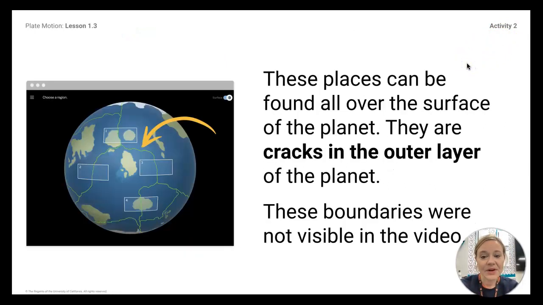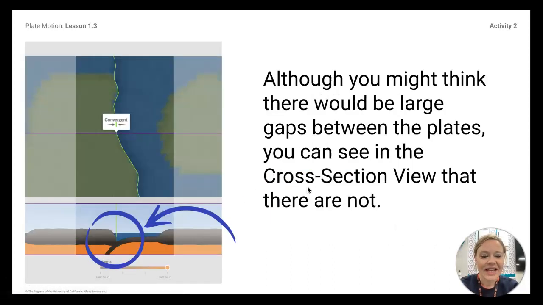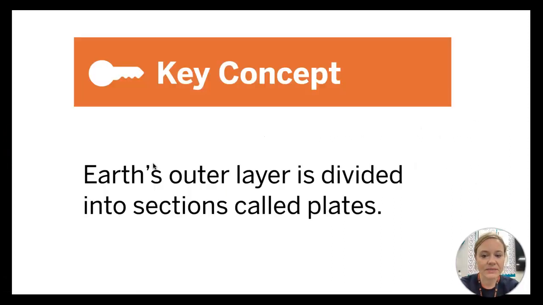Remember that you are going to be checking out these different places on the map and looking at all of these different cracks in the outer layer and these boundaries that we did not see in the video. Again, we are going to be looking at this cross-section view and thinking about the space between these pieces of land, this water, and the plate boundaries.